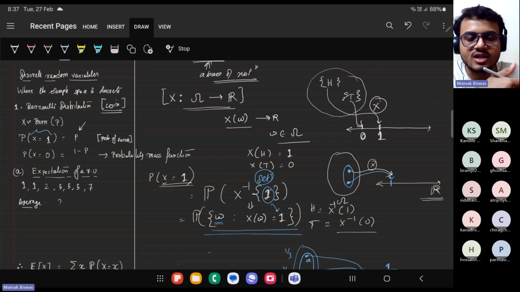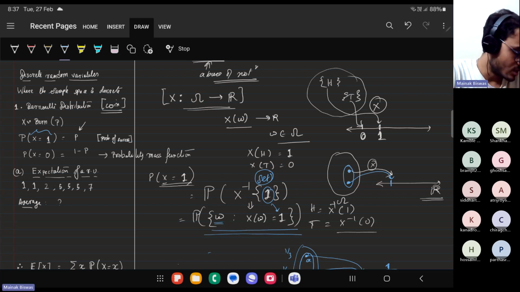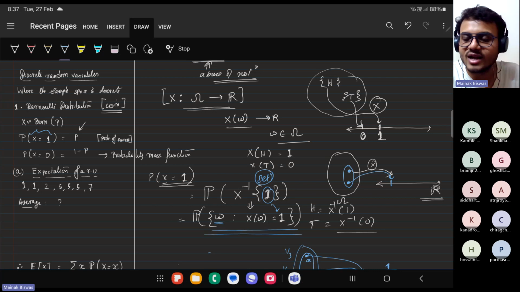So if you have a success in a trial, you can think of it as a coin toss. You have a P probability of success. On the other hand, you have 1 minus P probability of failure. Is it clear? So there can be any event. Now you have abstracted the idea of events and sample spaces to random variables. It's just functions now.